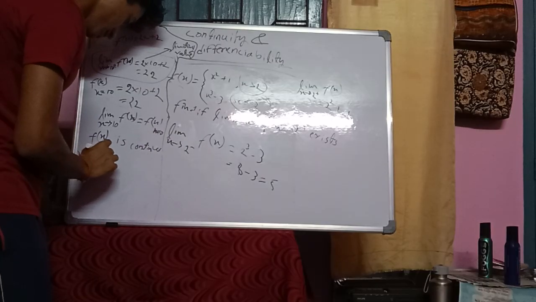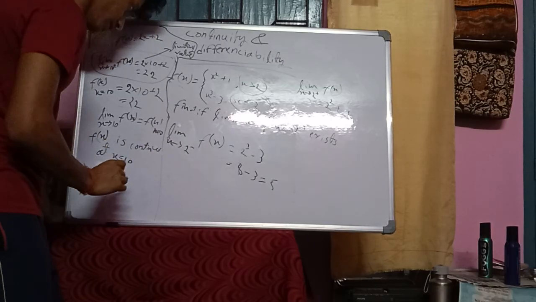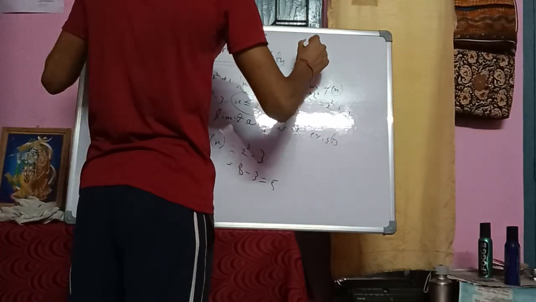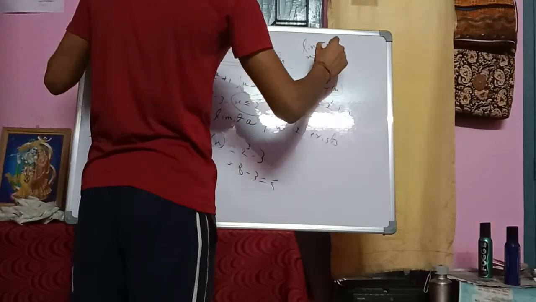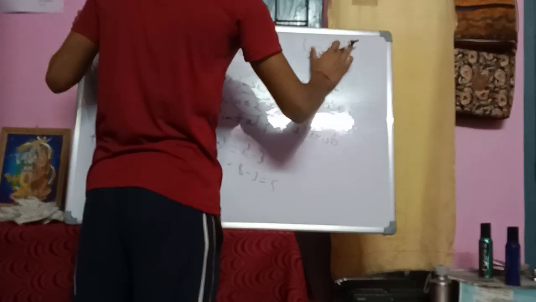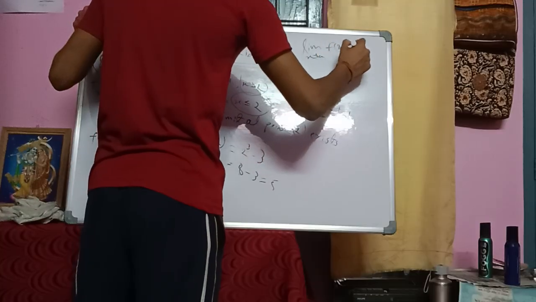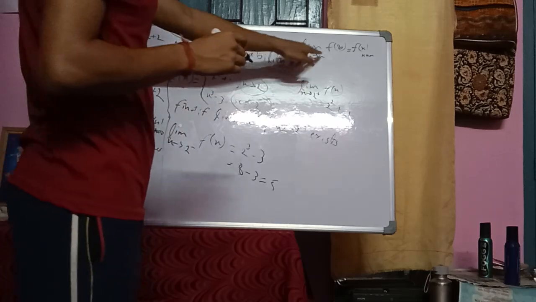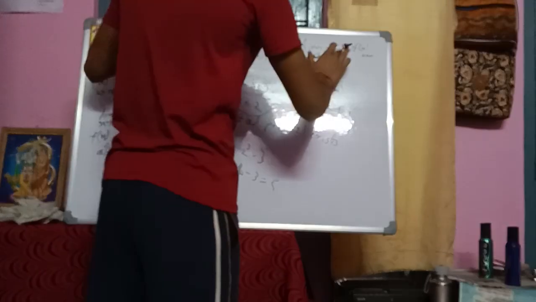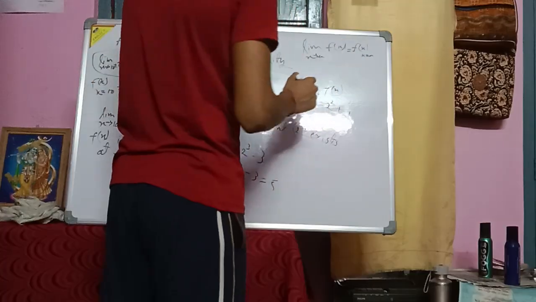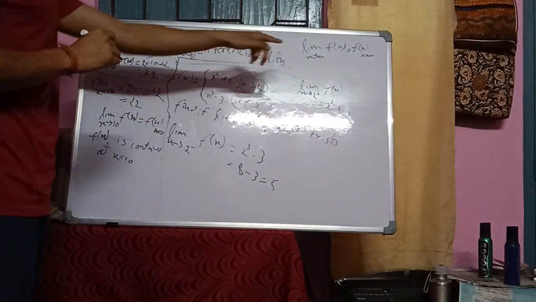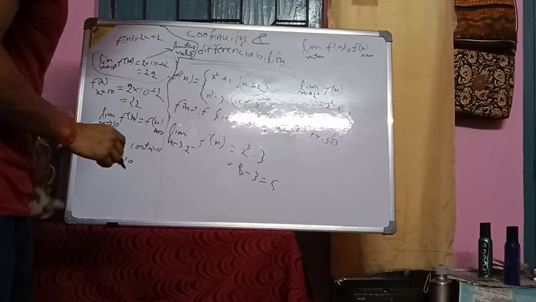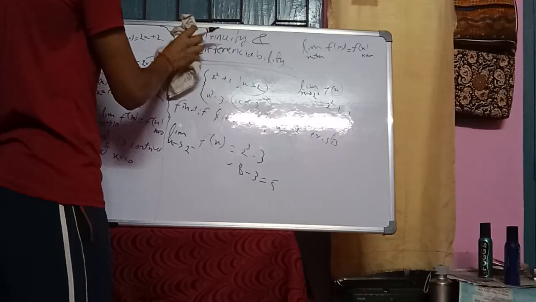Continuous at x equals 10. So what this basically means is that if limit of x tends to a of f of x is the same as f of x at x equals a, then we will be able to say that this function f of x is continuous at this point a. So let's talk about this function that we had over here. First of all, let me erase all this.